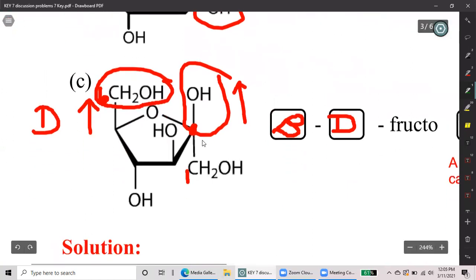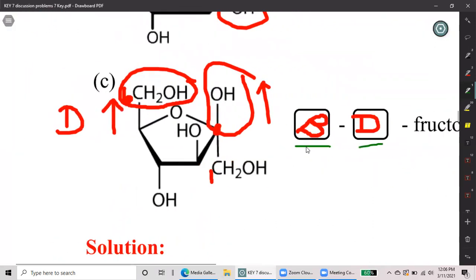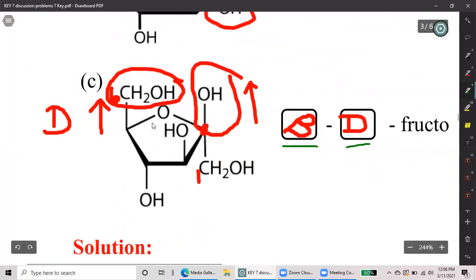Okay, so here we have our carbon number 6 is going up, so that means that this is automatically D. Our anomeric carbon has the alcohol group going up, so that means that these are cis, and this is beta. Now let's see what definition this follows.